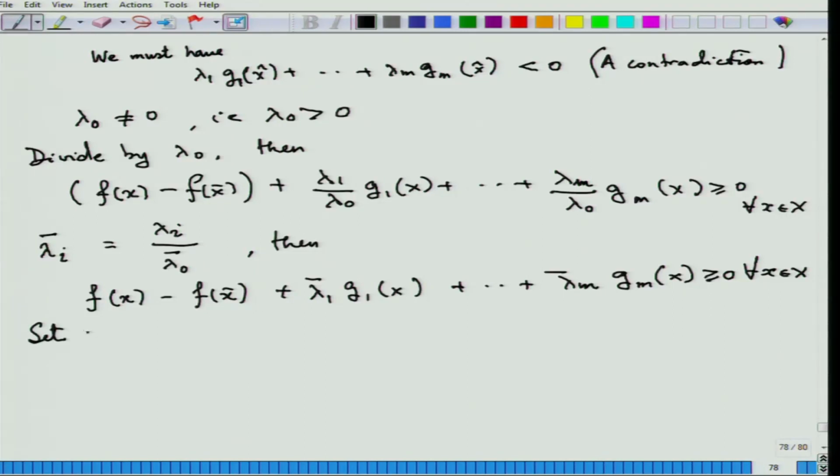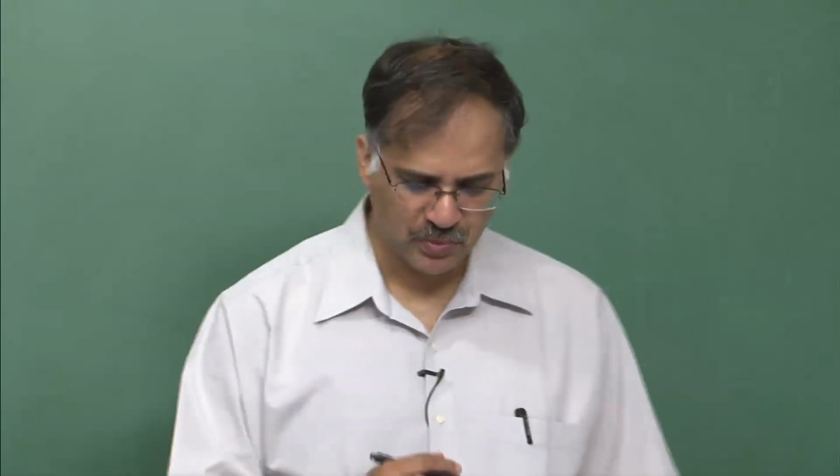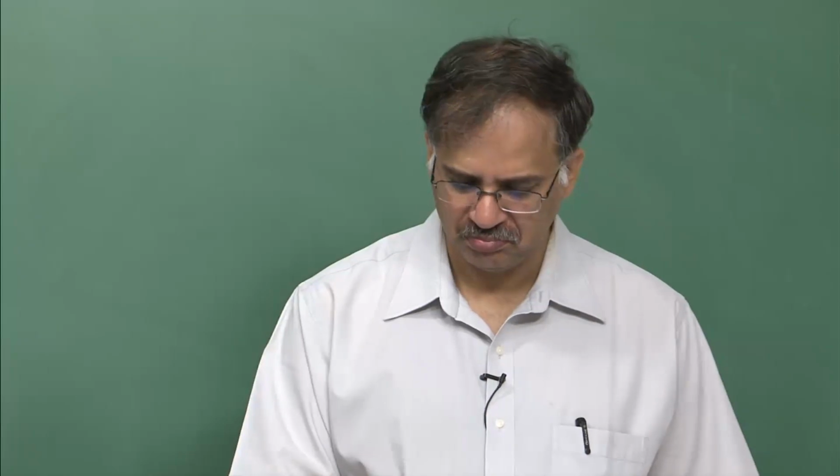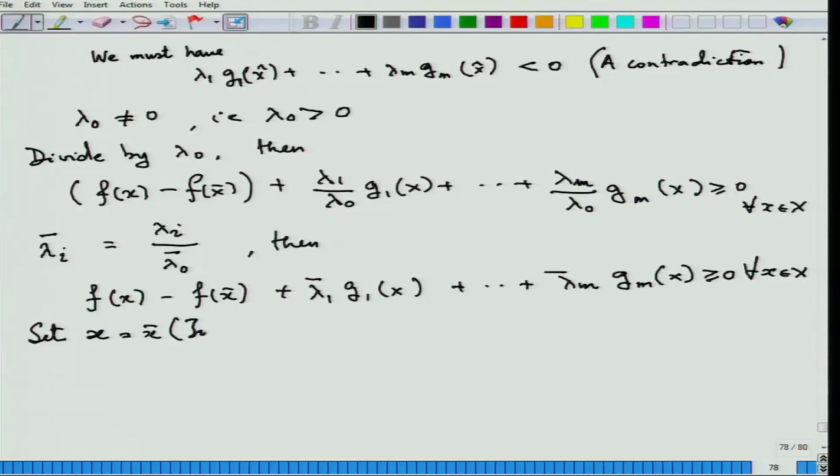Let us see what happens if I do that, because this is true for every x in X. Just out of curiosity, put x equal to x bar, which is quite natural to have such a curiosity.